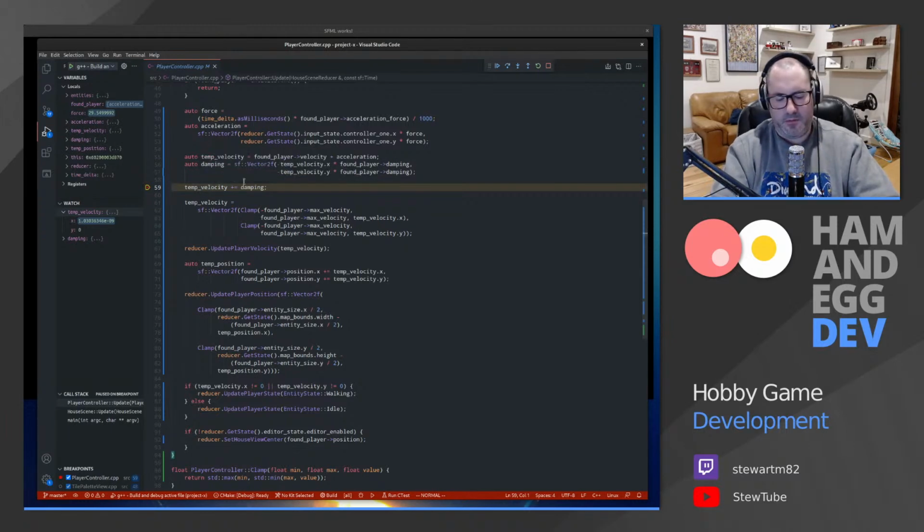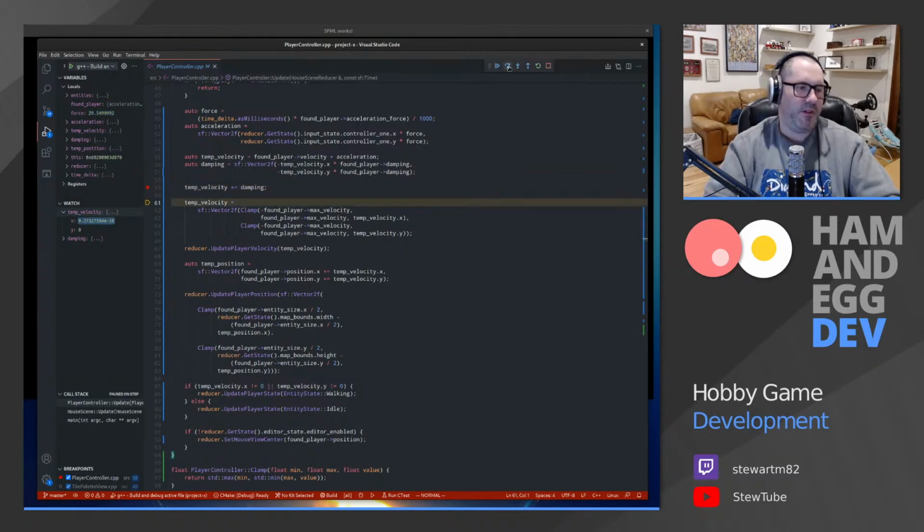And then this will step over, this will come out to something else. This will come out to 9.27. Yeah, I really do think this is a floating point issue.